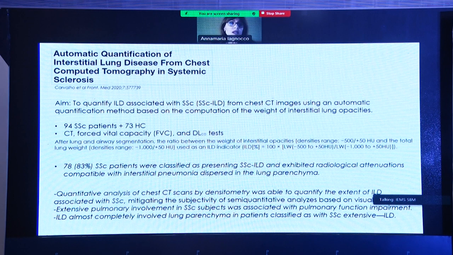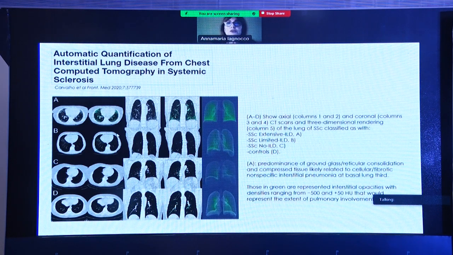An interstitial in patients with systemic sclerosis is clearly demonstrated in the upper part of the panel, showing a predominance of ground glass and reticular consolidation and a diffuse involvement related to non-specific interstitial pneumonia.